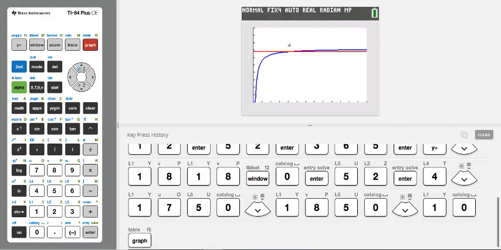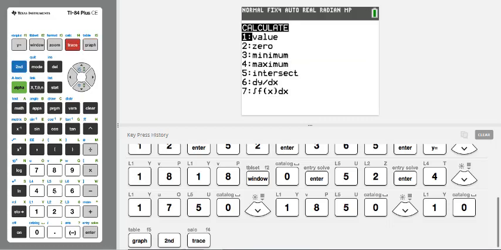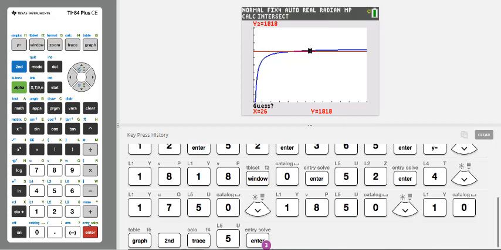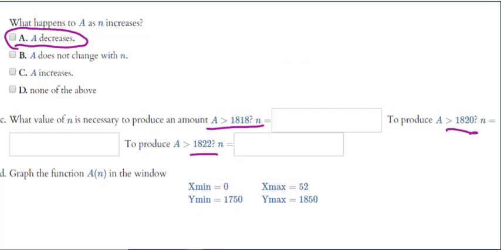And we can find that intersection. Second, trace, 5, enter, enter, enter. And it's 15.82, or 15.83, I should say.